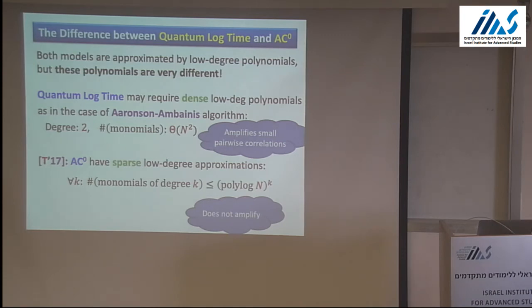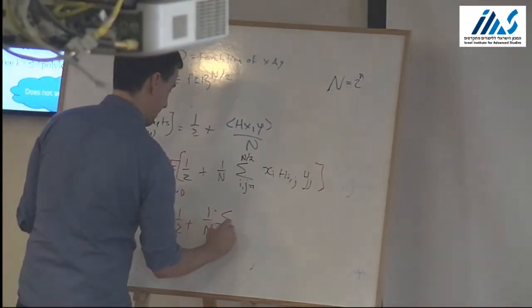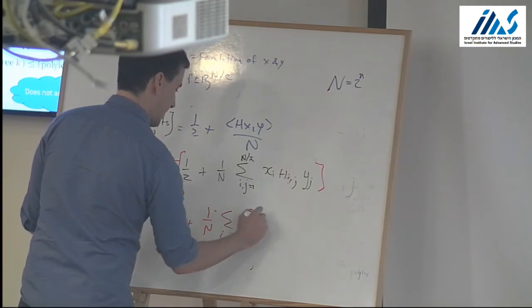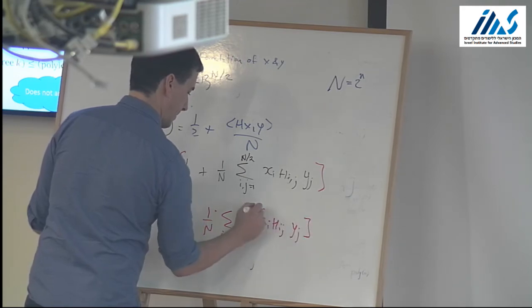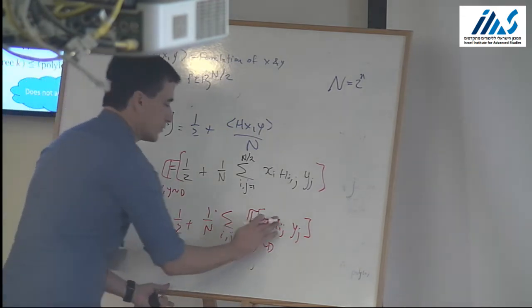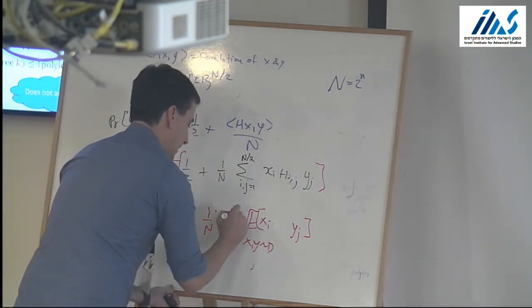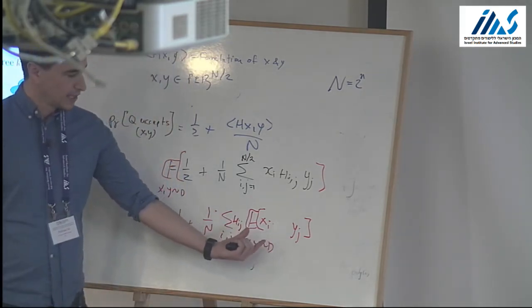We already talked about it earlier, but when we take the expectation over D, you can see that x_i and y_j have a very small correlation.